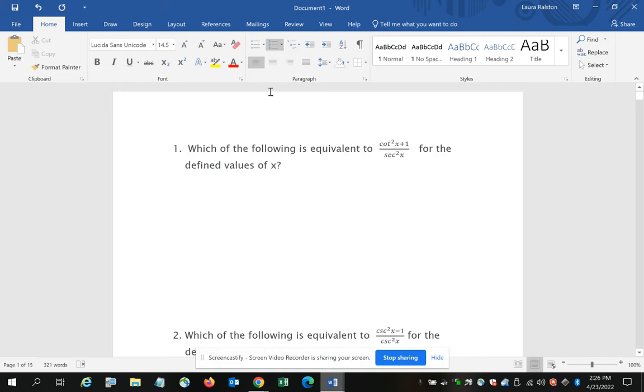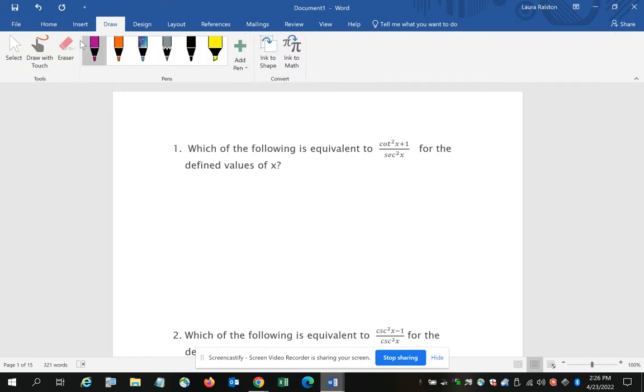So let's get started. The first few problems on this exam are related to the trigonometric identities and basically your ability to manipulate those, or use substitution, replace one for the other, to simplify or write an equivalent expression.